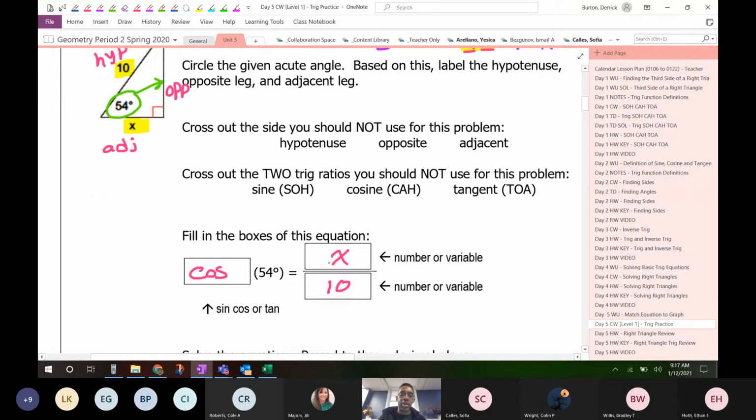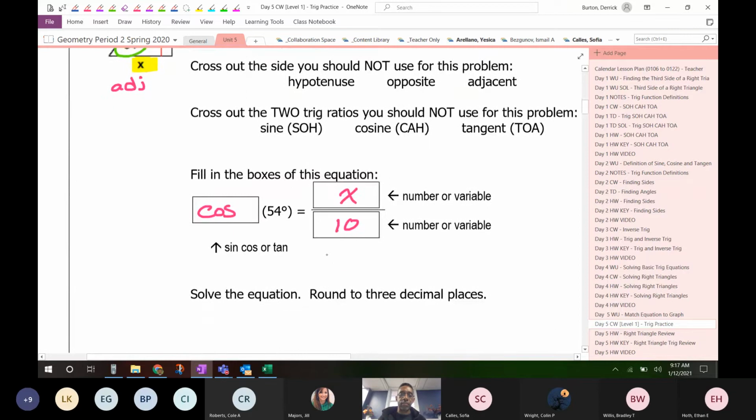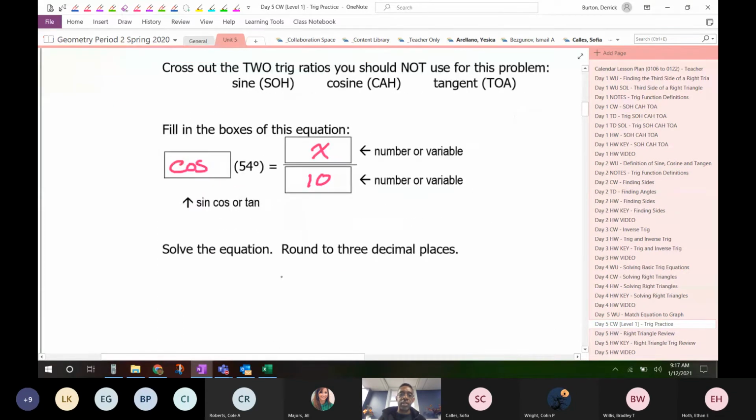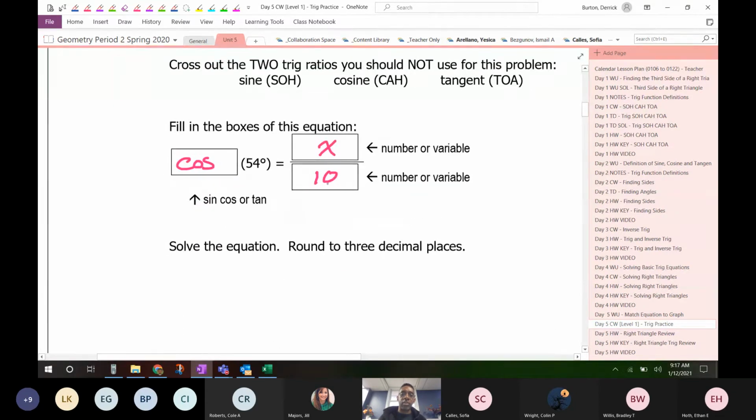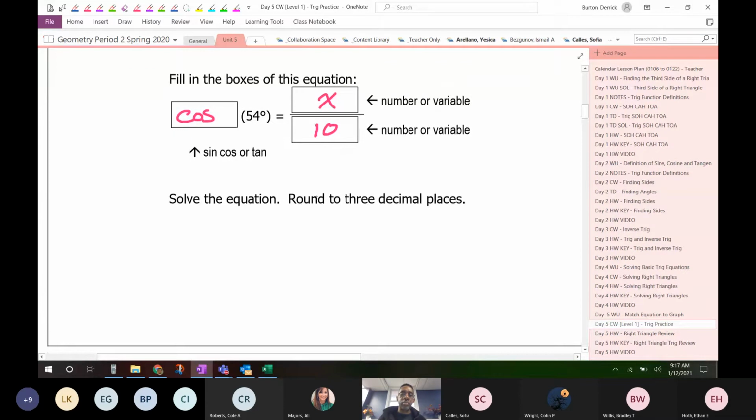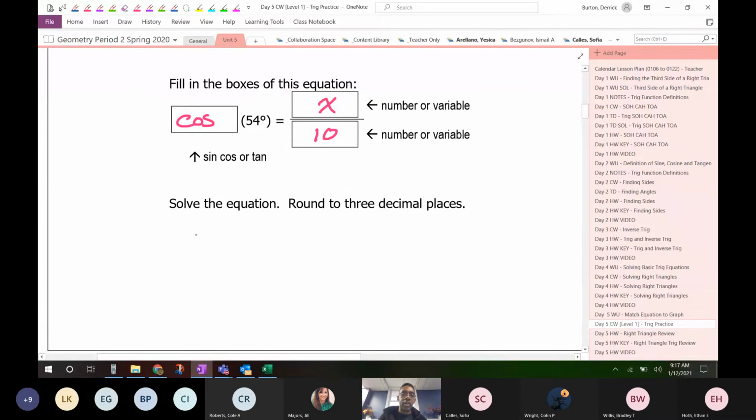Okay, so we're filling in the boxes. And then now we solve the equation. We have learned that when the variable is in the top, you multiply. But you know what? I feel like just recopying this. So I have cosine of 54 is equal to x over 10.